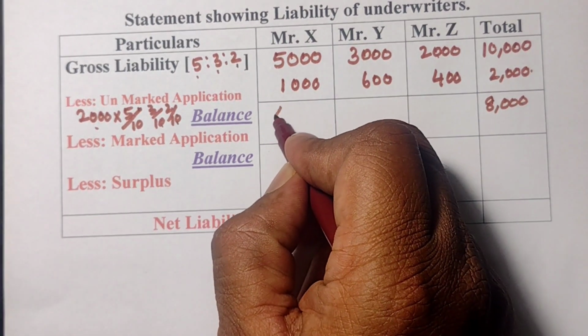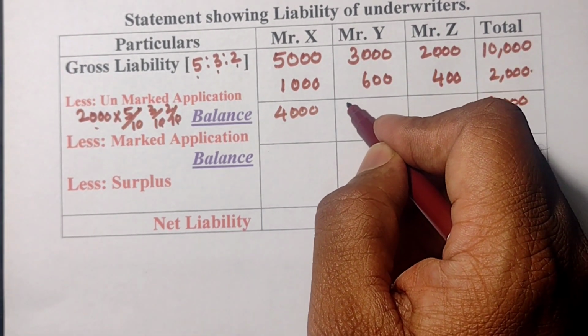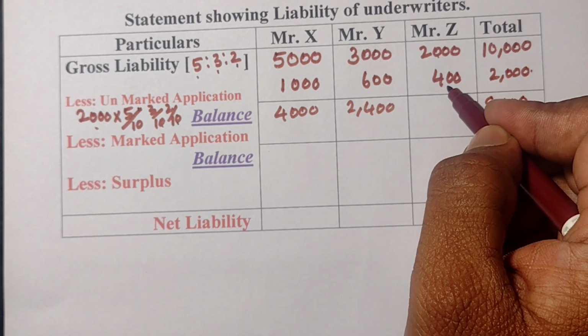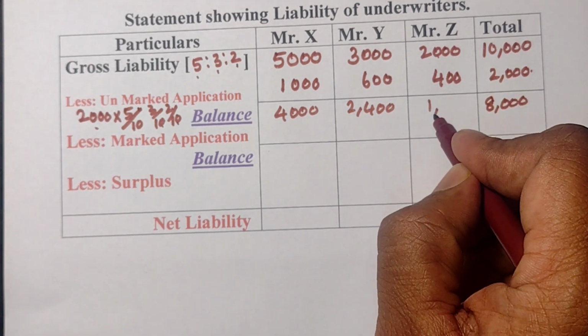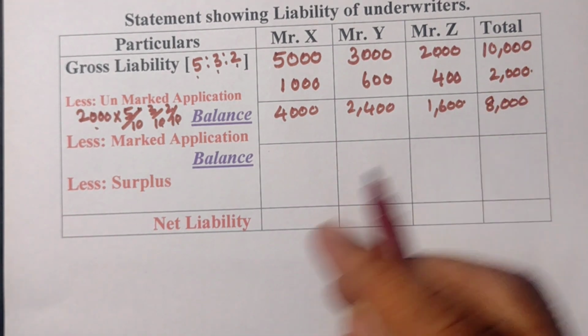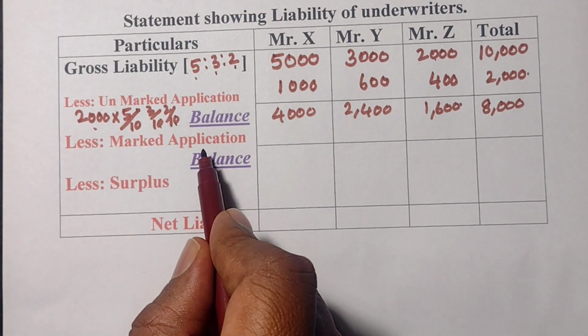Now 10,000 minus 2,000, we get 8,000. 5,000 minus 1,000, we get 4,000. 3,000 minus 600, 2,400. 2,000 minus 400, we get 1,600. Now the second step is we have to minus the marked application.